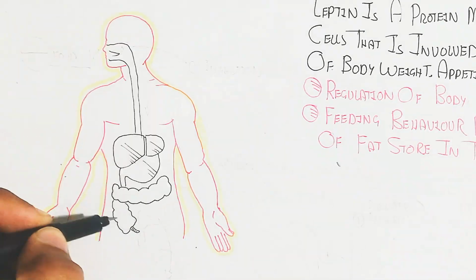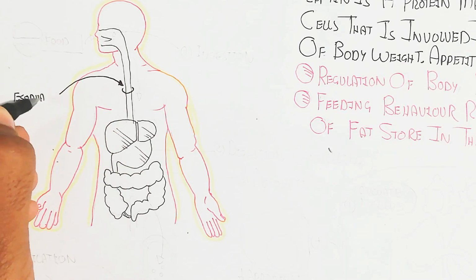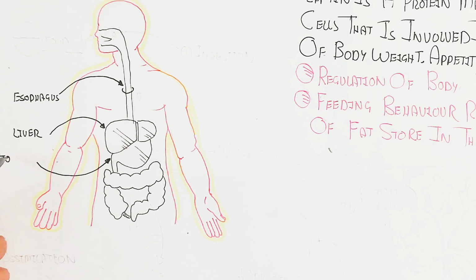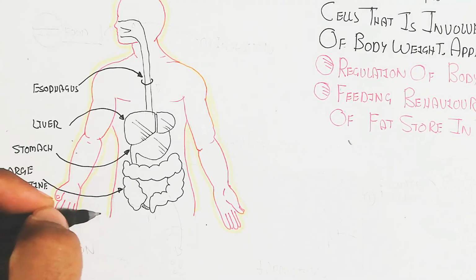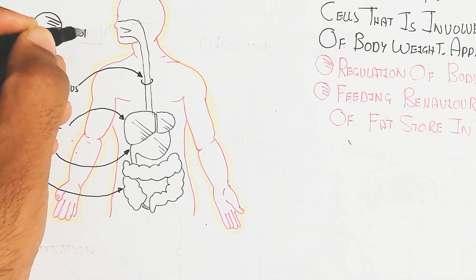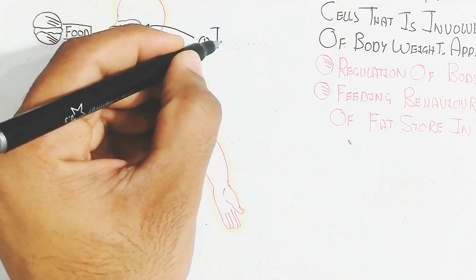This is the person. Let's first understand the digestive system. This is the esophagus, and this is the liver, stomach, duodenum, as well as the small intestine and large intestine. Whenever you eat food due to hunger, due to the ghrelin spike, ghrelin will decrease due to the intake of food.